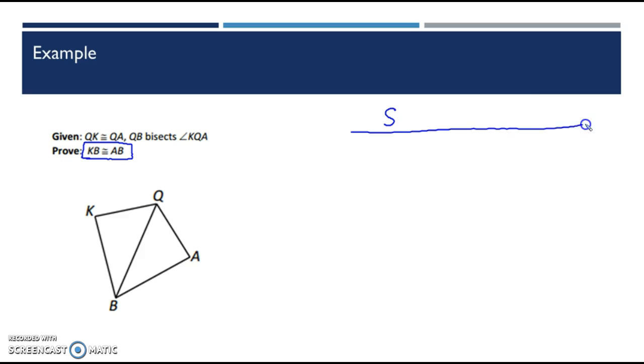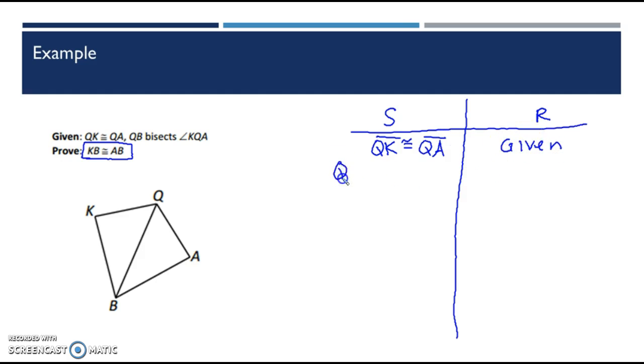So I'm going to have my two-column chart. I'm going to start by putting my givens at the top, so I know that QK is congruent to QA. That's a given. And that QB bisects angle KQA. Also a given.